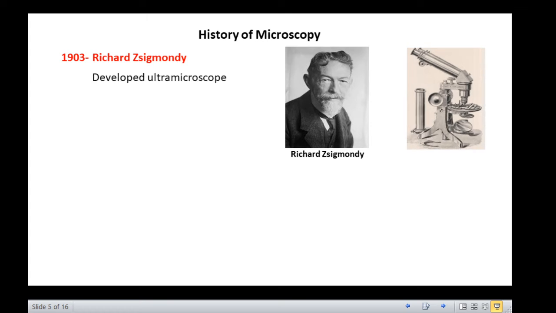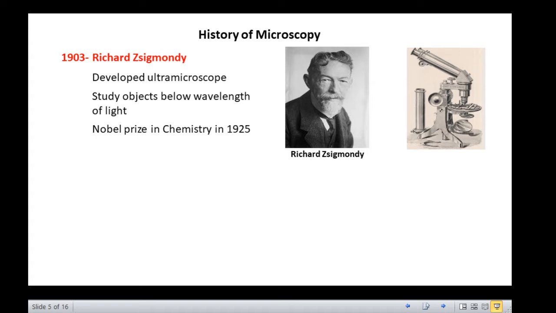This microscope worked by aiming a high-powered light beam through a colloid of particles, which allowed one to see particles smaller than a wavelength of visible light. Richard Zsigmondy was awarded the Nobel Prize in Chemistry in 1925 for the discovery of the ultramicroscope.